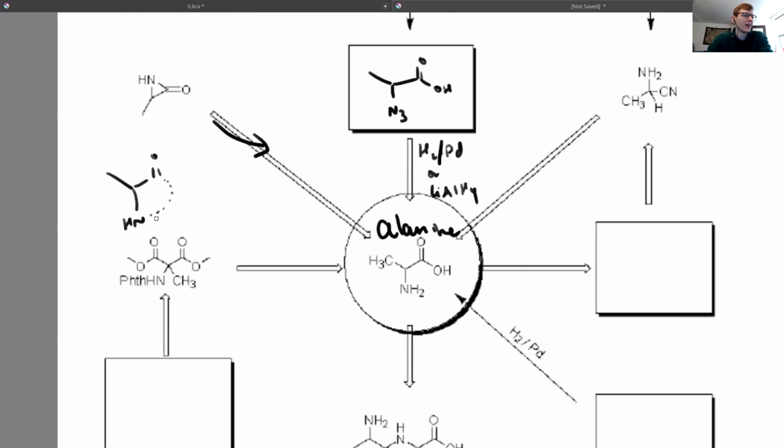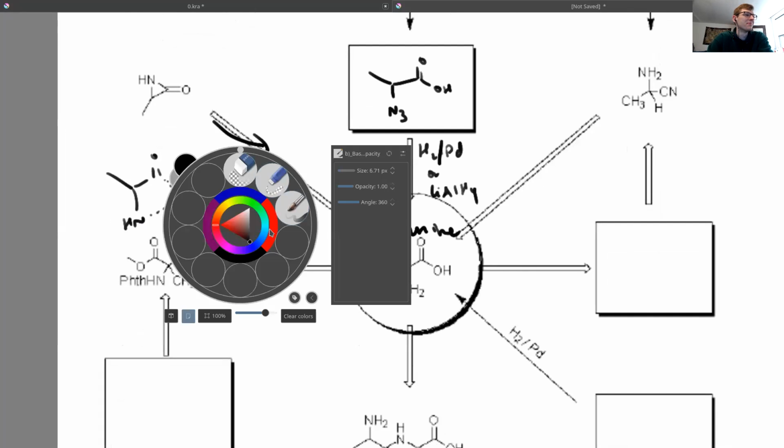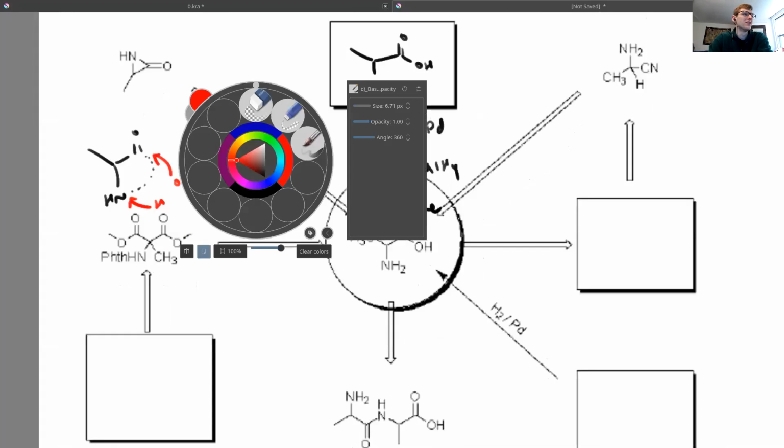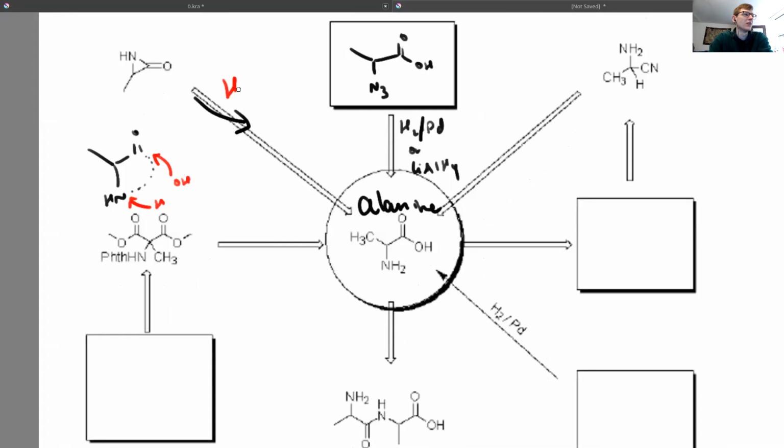So we want to add, and this will give it away, here we want to add a hydrogen, here we want to add an OH, right? It's an acid? Yeah, just give it acid. Probably the simplest possible answer, but absolutely.